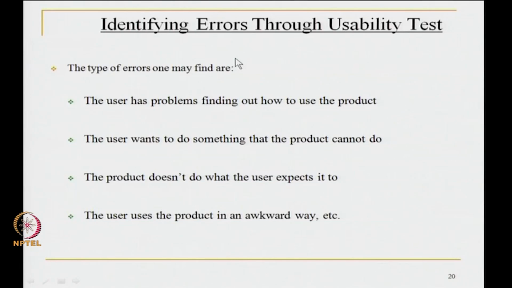To revert back to issues of identifying errors through usability tests, here is a possible listing of the kind of errors which you may find. The user has problems finding on how to use the product.